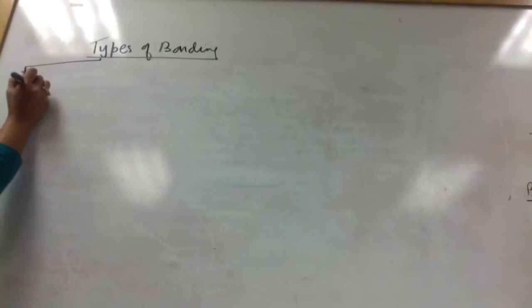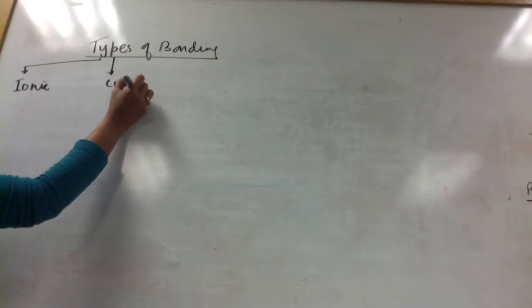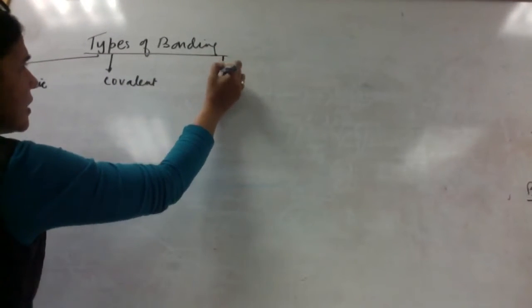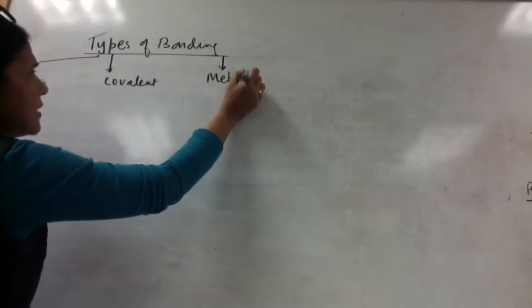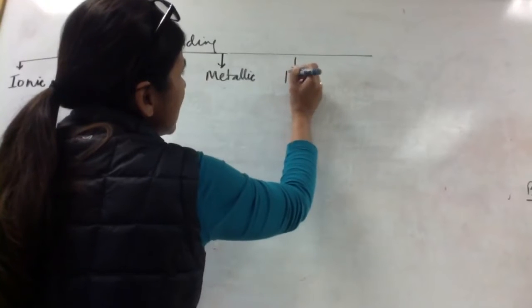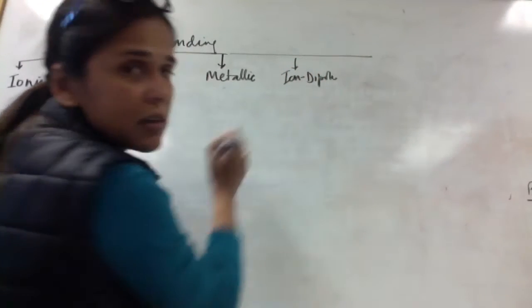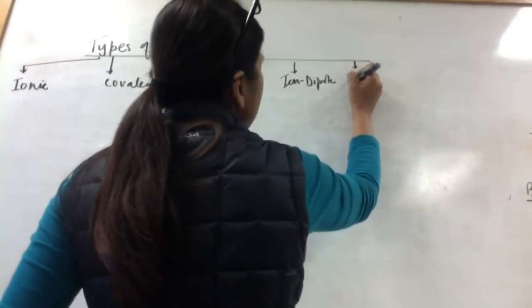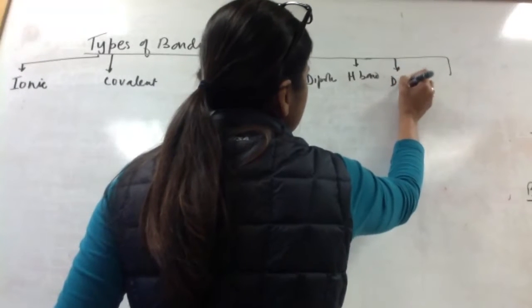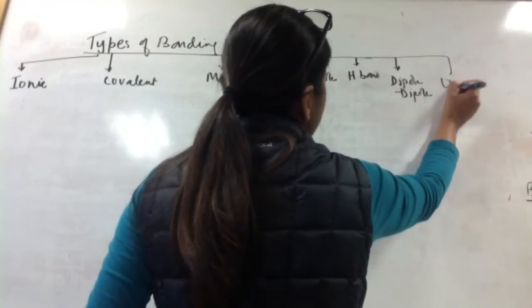So let's start with ionic, then covalent, then metallic, then ion dipole, then hydrogen bond, then dipole, and then LDFs.